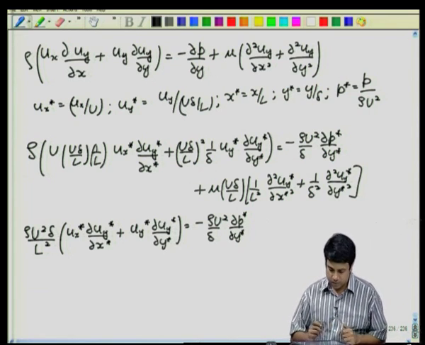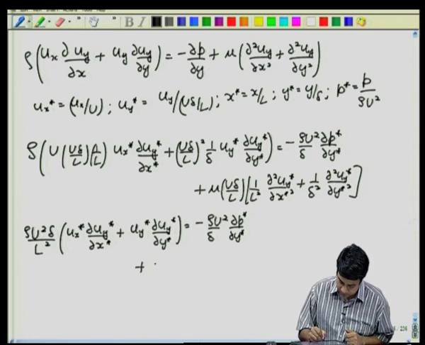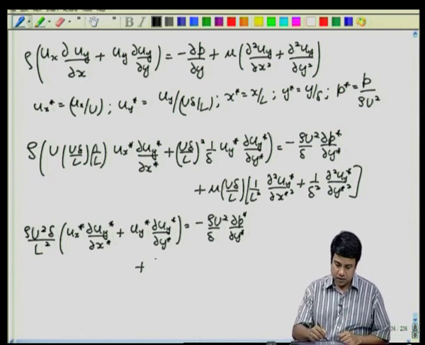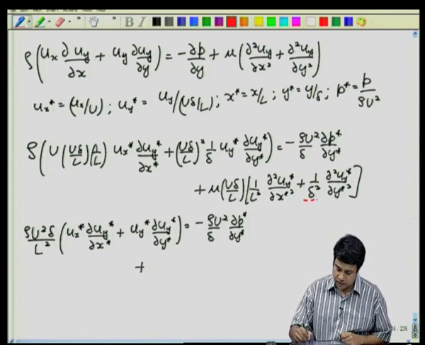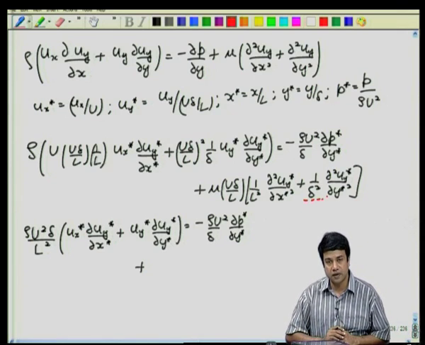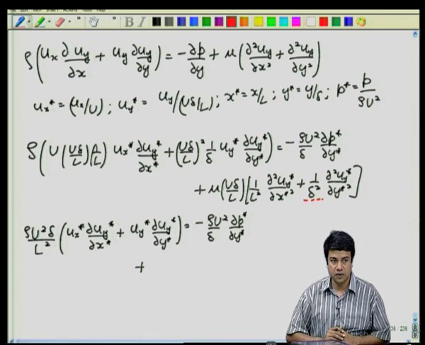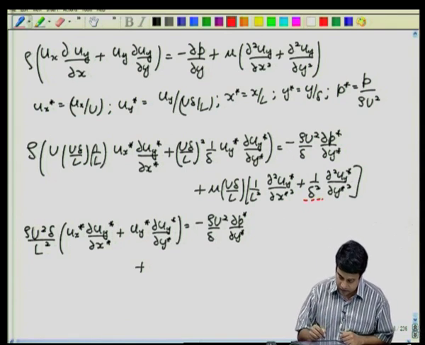Plus the viscous term. Once again, the largest viscous term is the derivative in the cross stream direction, because 1 over delta squared is much larger than 1 over L squared. Therefore, I will take that out as a common prefactor, because I have to take the largest term out as a common prefactor.